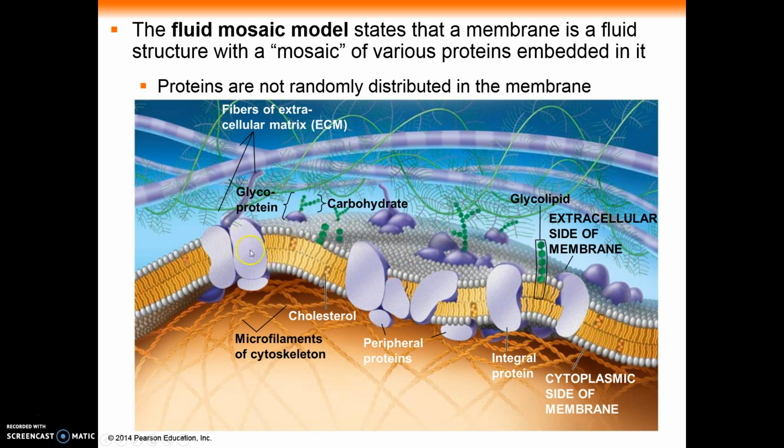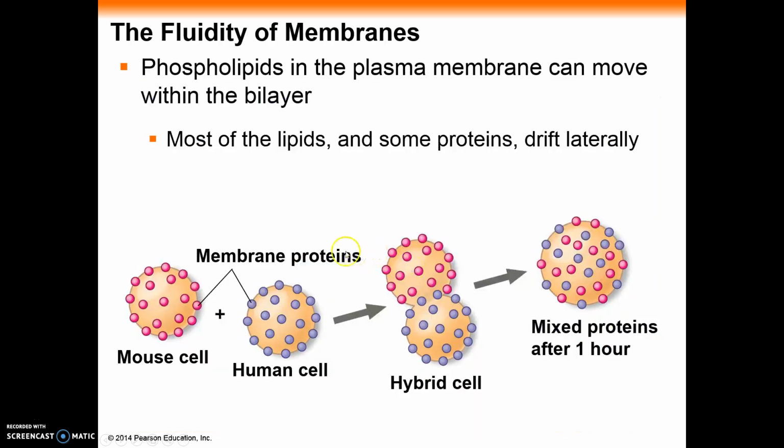A vast majority of the proteins are actually connected to both the extracellular matrix and the cytoskeleton, making their placement on the surface of the cell very intentional. Now, that being said, when we start thinking about the actual phospholipids themselves, they do tend to move fairly freely.